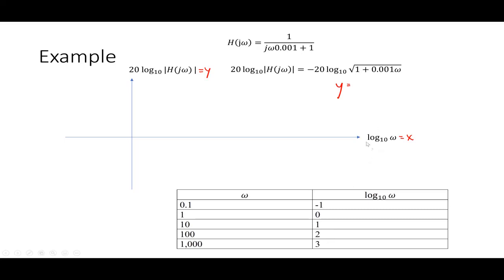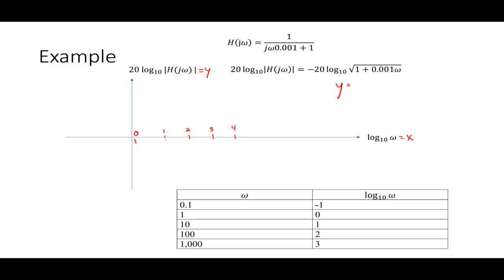Because I have shown this x-axis on the log scale, on the top side I'm going to write the log of the number. The origin is 0 right there, and frequency-wise, that is 1 radian per second. Then I'm going to put the number 1 here, and 2 here, and 3 here, and 4 here.